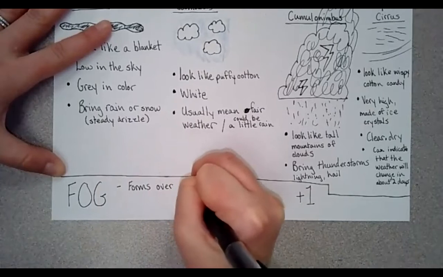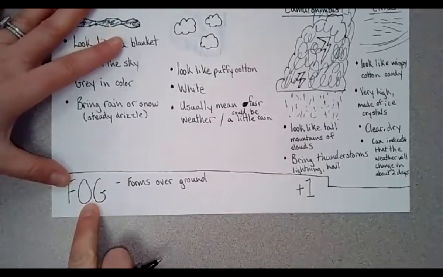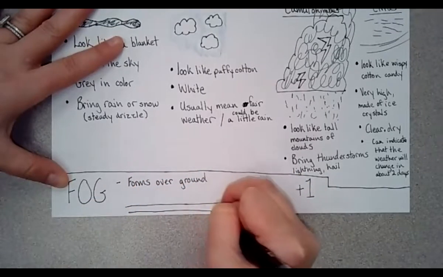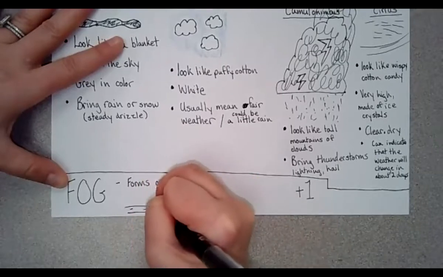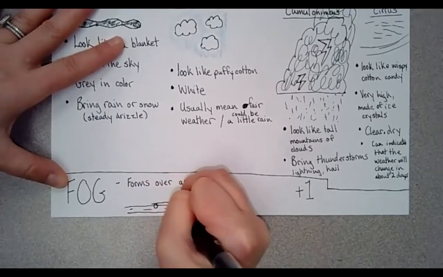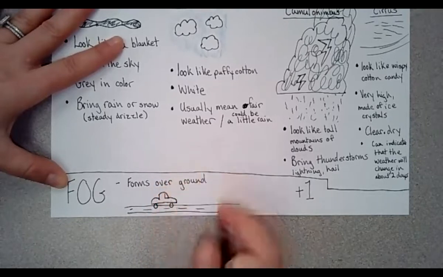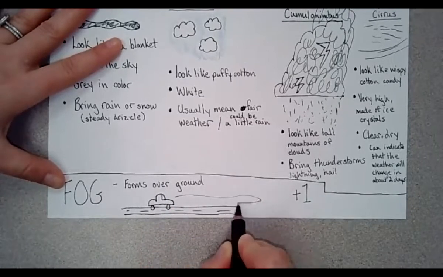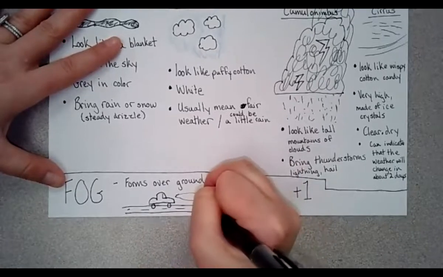ground. So you guys have all driven through fog in the morning. And so let's say this is the road and this is you. Here's you riding in your mama's car. Her car looks a little crazy, but you will see clouds that have the white fog that has formed over the ground.